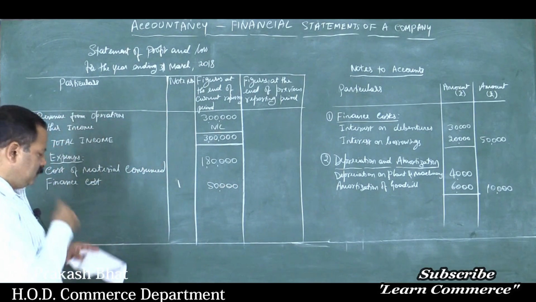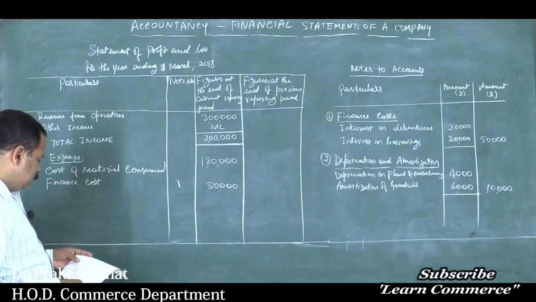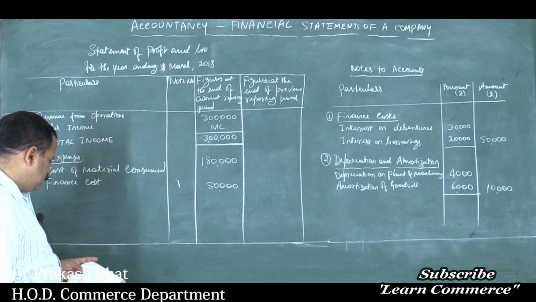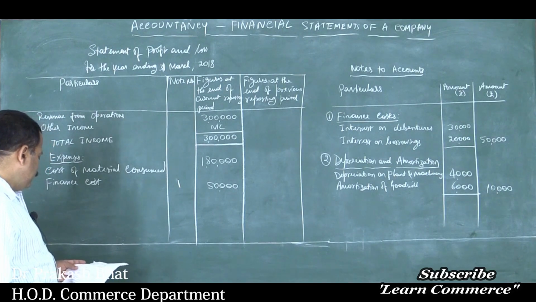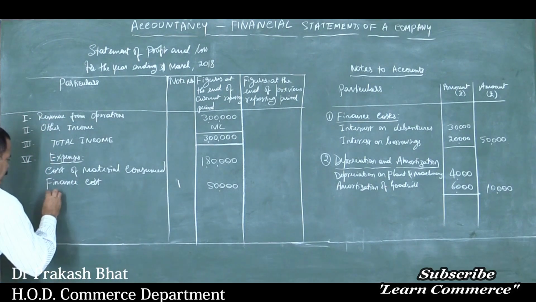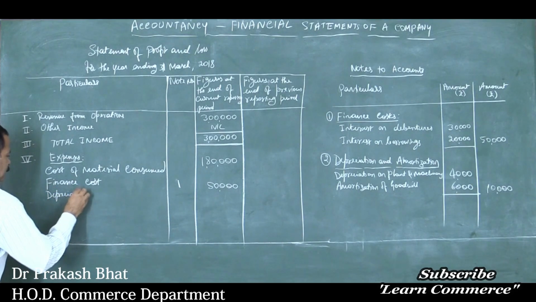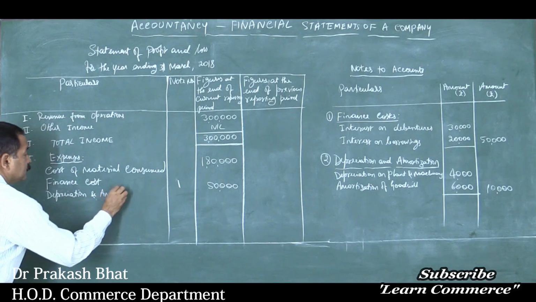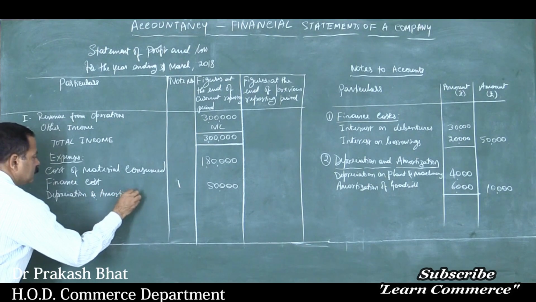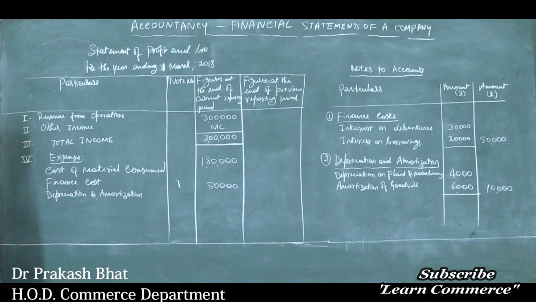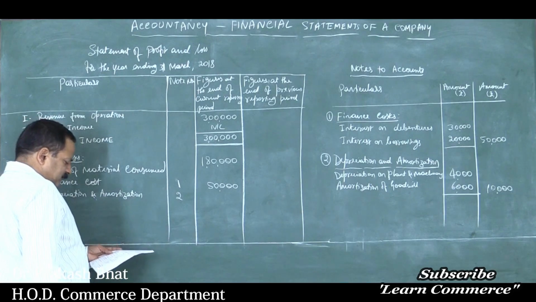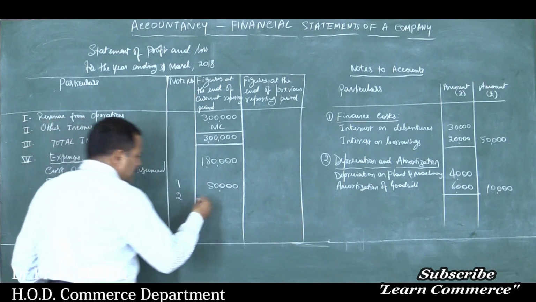50,000. Then anything else? Finance cost, depreciation and amortization. We have already calculated just now. Depreciation and amortization, how much is it? It's note number 2. Amount is 10,000, correct?